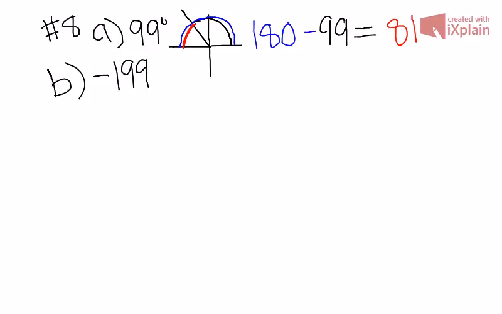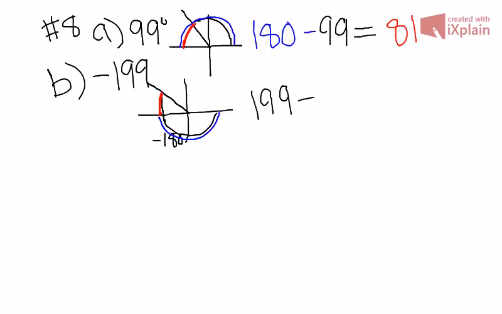So with negative numbers, remember we go clockwise instead of counterclockwise. Okay, so we start and we go from the bottom over. So it would be negative 180 to that x-axis and then an extra 19 degrees or whatever, right? So we just have to figure out, what is that extra part there?